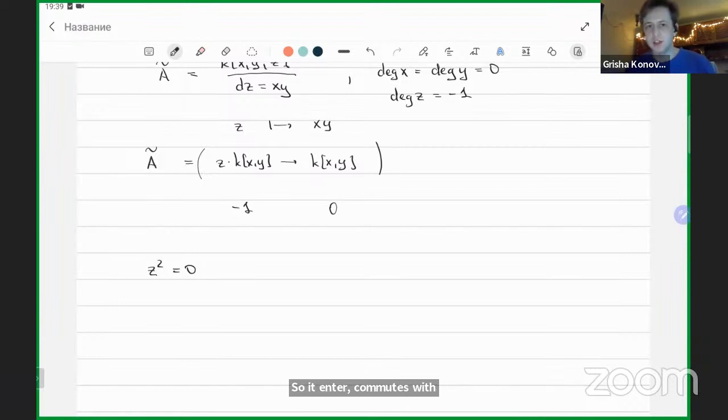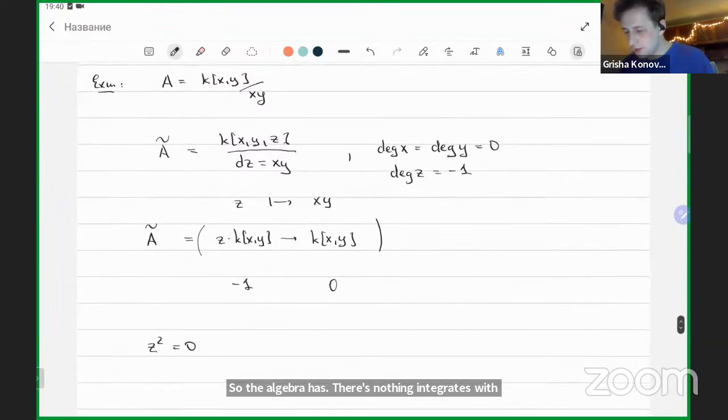So the algebra has nothing in degrees which are strictly less than -1.